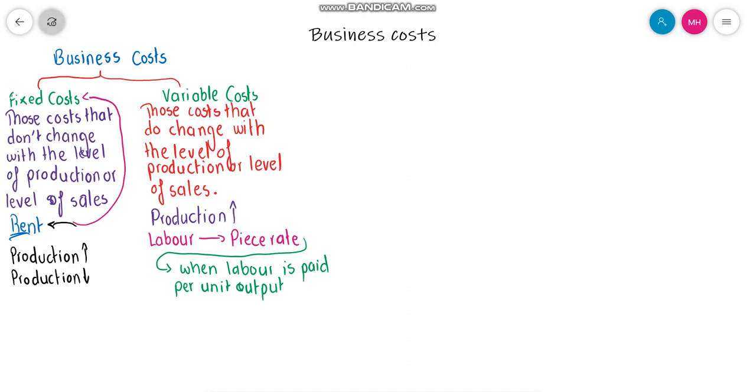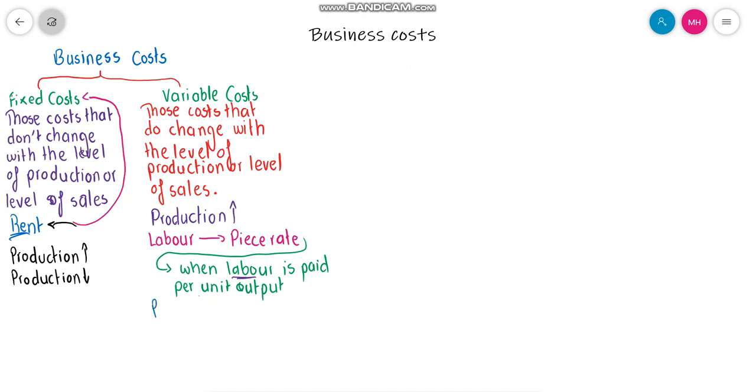If production increases, it means the labor has been working hard and has therefore produced more units of output.